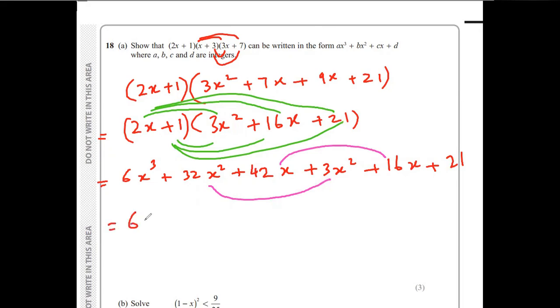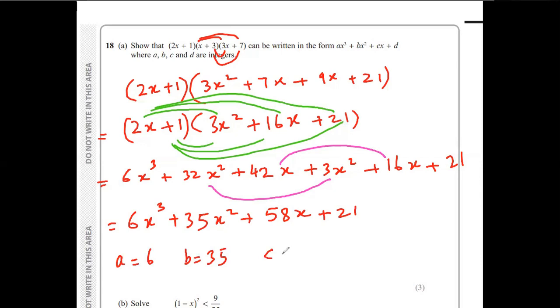Okay, so 6x cubed stays the same, and 32x squared plus 3x squared will give me 35x squared. And 42x plus 16x will give me 58x. And plus 21. And if I compare this with, say, ax cubed plus bx squared plus cx plus d, I must know that a must be equal to 6, b must be equal to 35, c must be equal to 58, and d must be equal to 21. Okay.